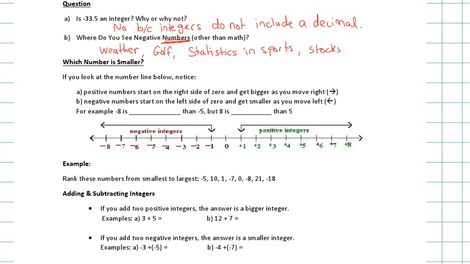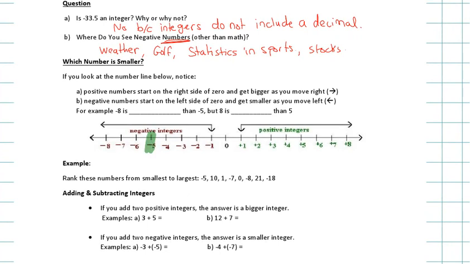If you're moving left, you're moving to the negative integers. If you're moving to the right of the 0, you're moving to the positive integers, okay? So when I say negative 5, I actually mean it's 5 less than 0, right? It's 5 points below, or to the left of, 0.